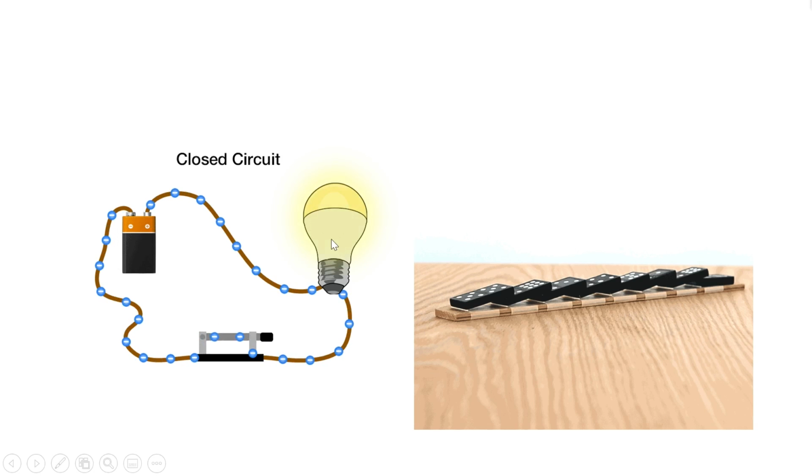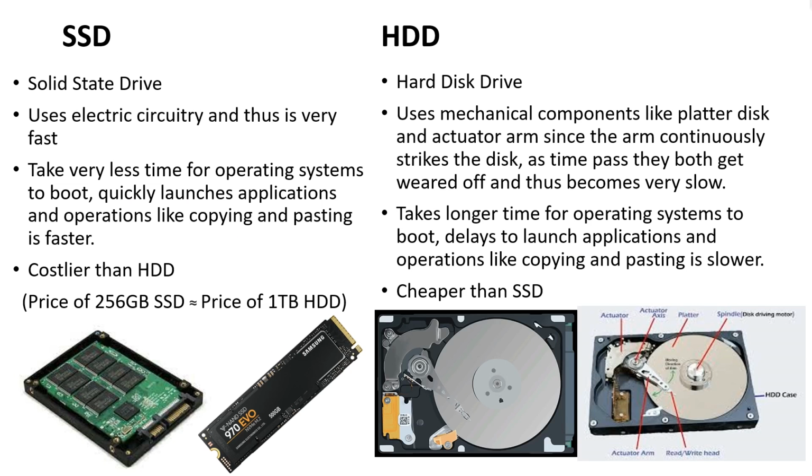So here you can easily see that the current flowing through the electric circuit is way faster than the dominoes falling down. The same is the case with HDD and SSD. The domino stack is the HDD and the electric circuit is the SSD. So this is why SSD is faster than HDD.